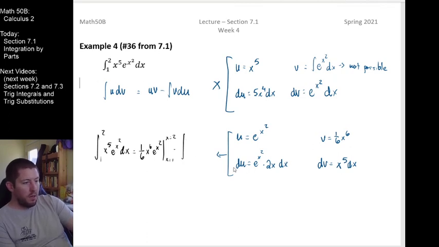V du is going to be, let's see, 1/6 and a 2 makes a 1/3. And now we've got, it looks like, a total of x to the seventh e to the x squared.